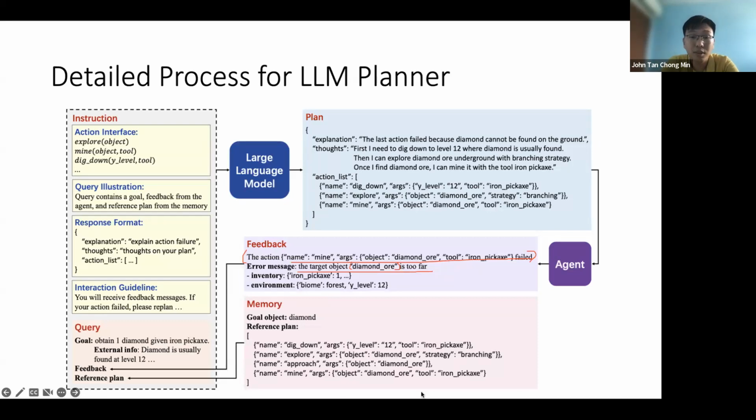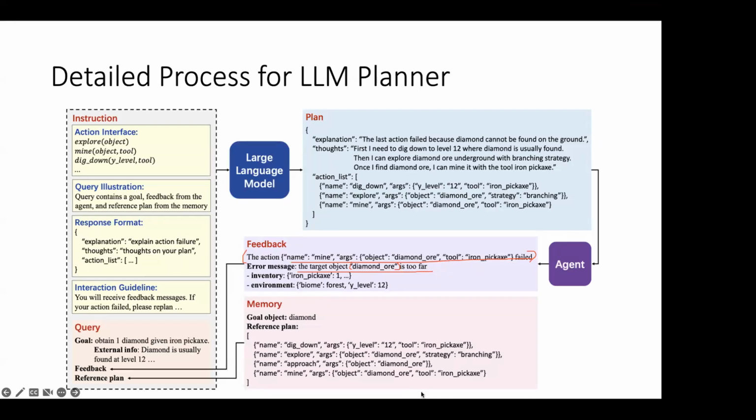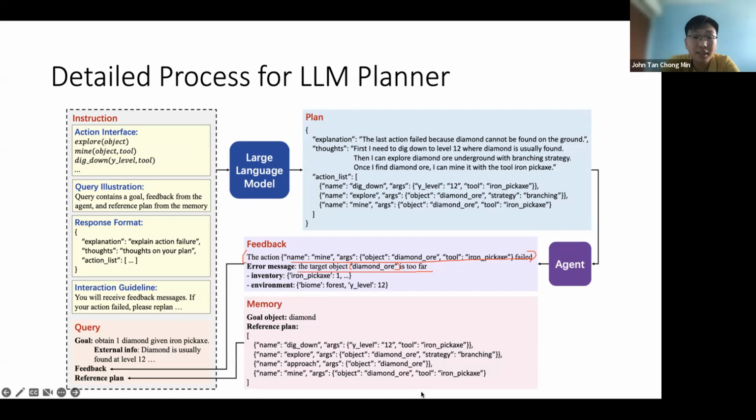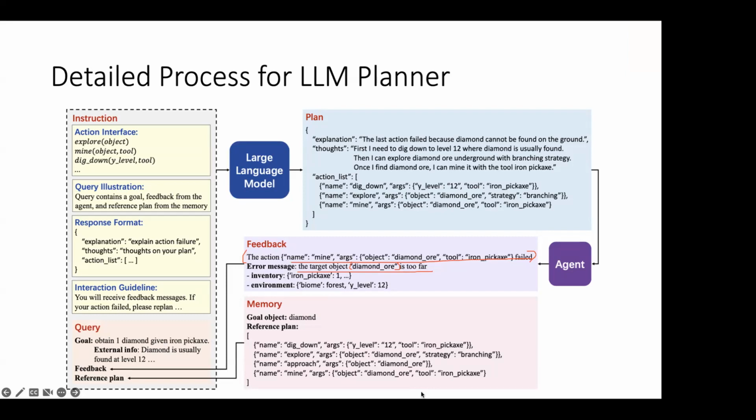Another thought I have is that this is like a zero-order optimization mechanism, right? It doesn't need any gradient. You can learn from this, and I can see it being very efficient.